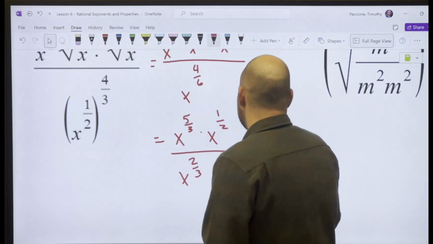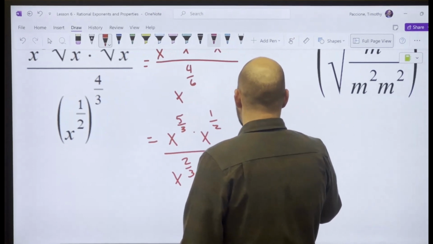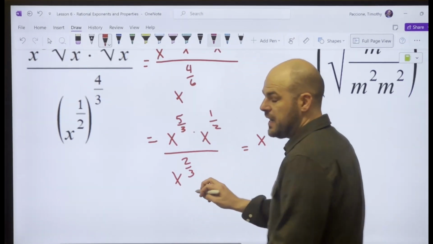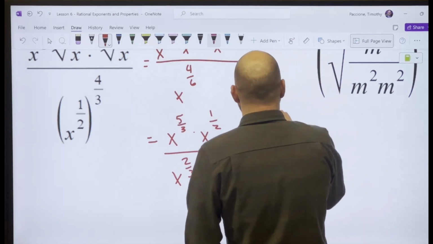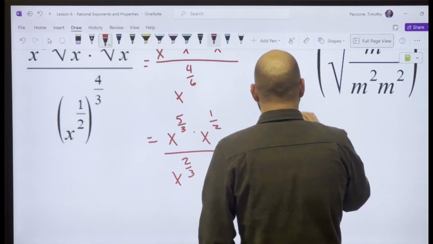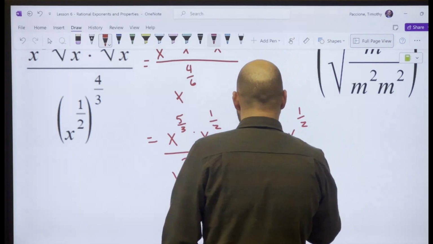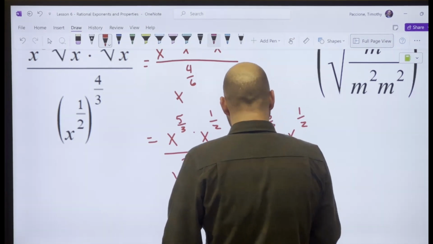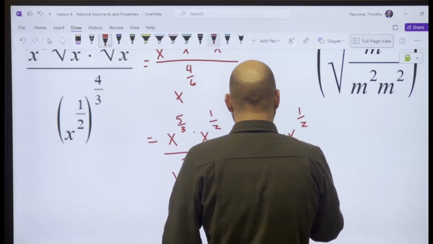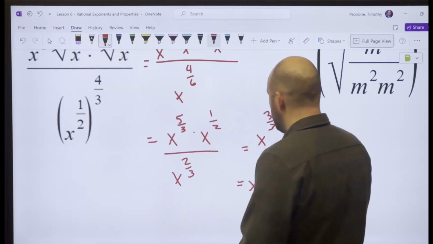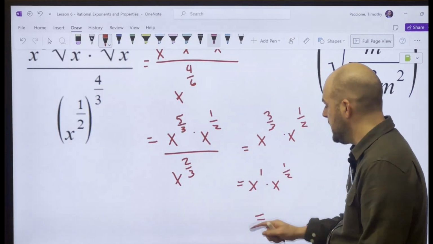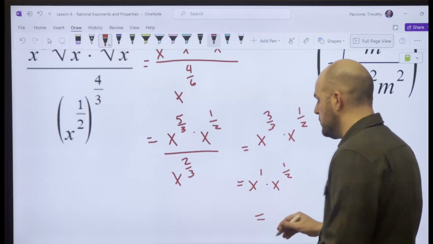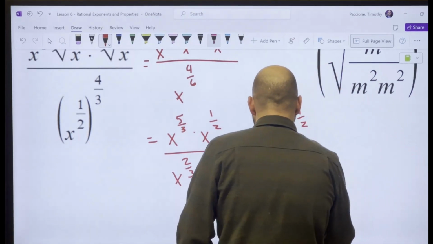So I'm going to do that. I'll have x to the 5/3 minus 2/3 is 3/3 times x to the 1/2, or x to the 1 times x to the 1/2. And I just need to add those two, right? And that's 2 over 2, that's 1 over 2, and that's x to the 3 over 2.